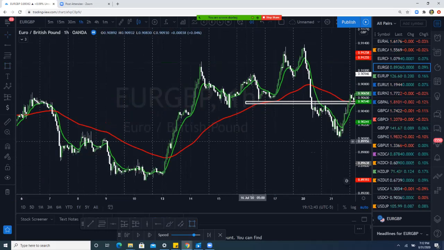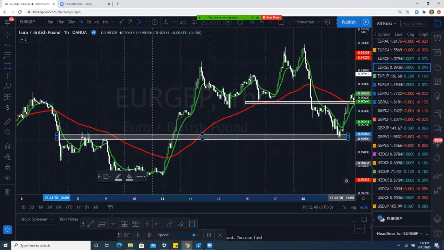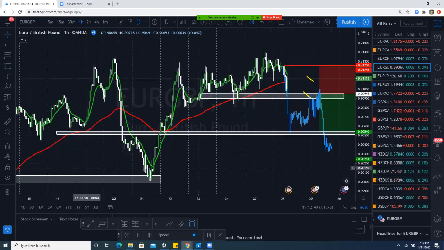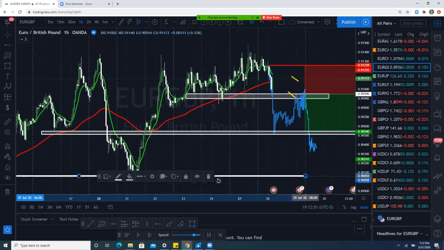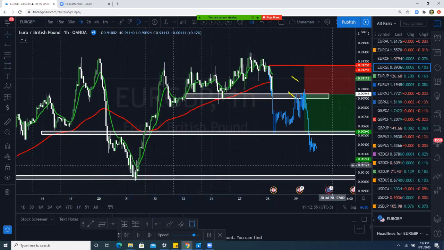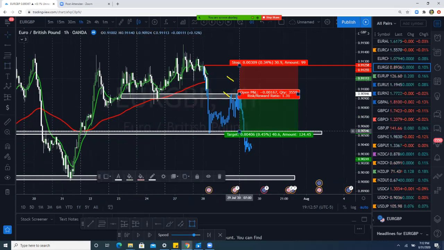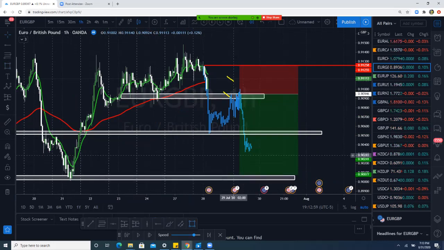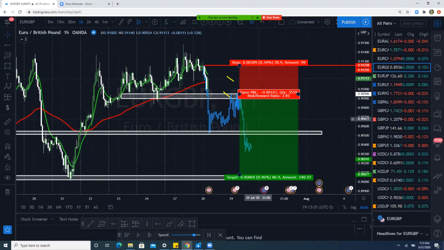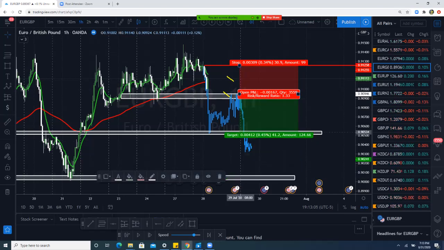And then the second major zone, which would be right here, we extend that out, and that can be your second take profit. So you have a 3-to-1 trade on your second take profit. A lot of times you're going to have a 1-to-1, a 1.5-to-1 trade for your first take profit.